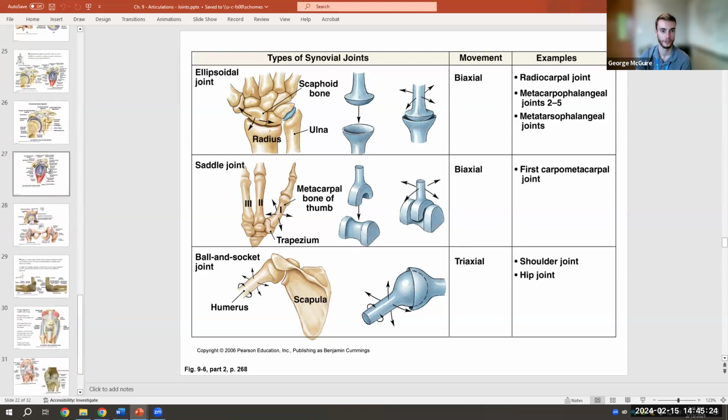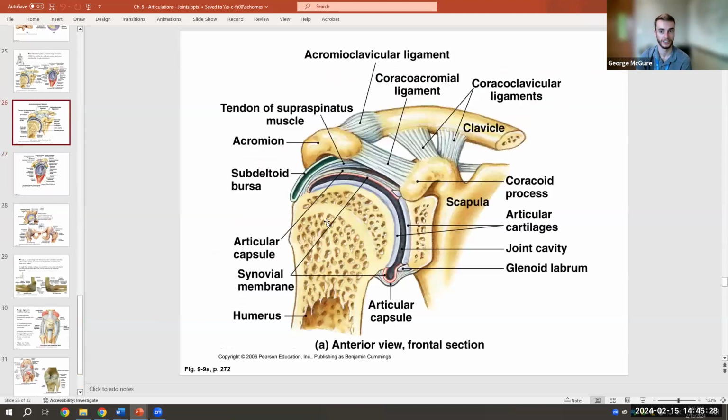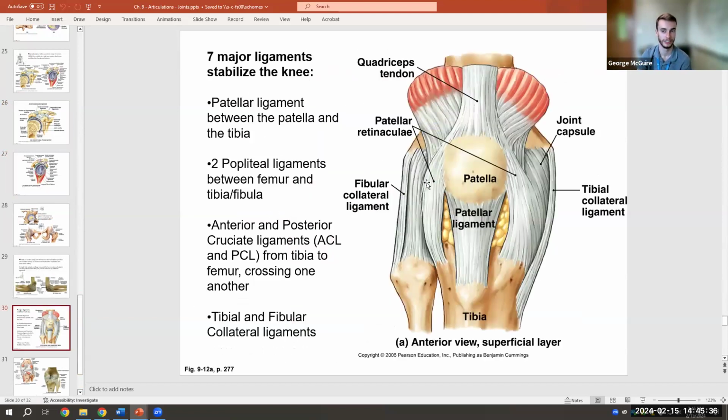And then a little bit about the structure that allows for that movement. Basically, the structure of the socket allows for this head to sit in there and thus allows it to be flexible and rotate in all those different directions, compared to this knee joint, which has a lot more thick ligaments making up that structure, making it a lot more stable, but with less movement.